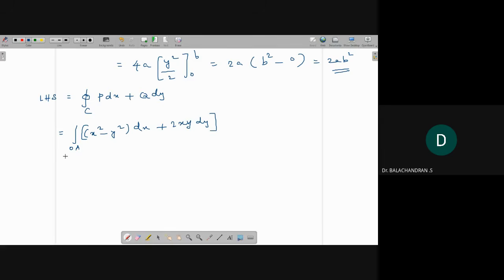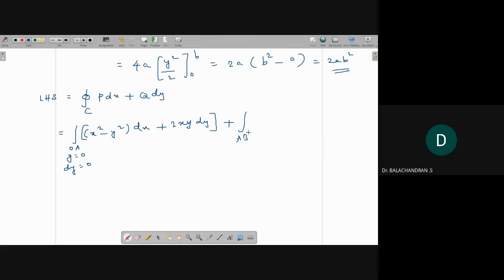Along OA, the equation of the line OA is y equal to 0, and dy equal to 0. Similarly, plus the integral along AB.